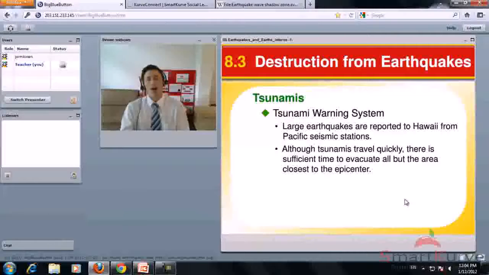That's why warning systems are so important, because if people are standing close to the ocean, they will be killed. But if they move back, they'll be okay. So tsunami warning systems are very important to prevent the loss of life from a tsunami.